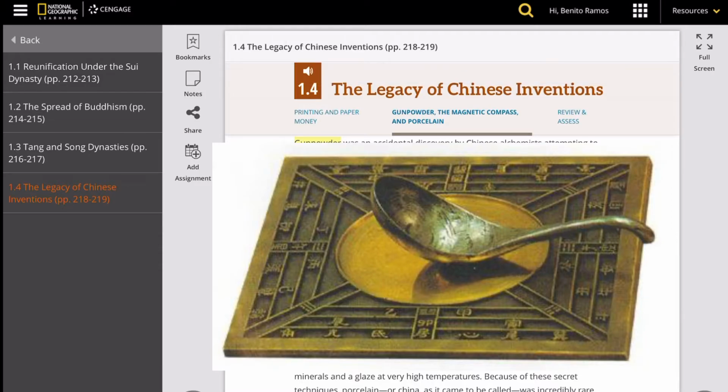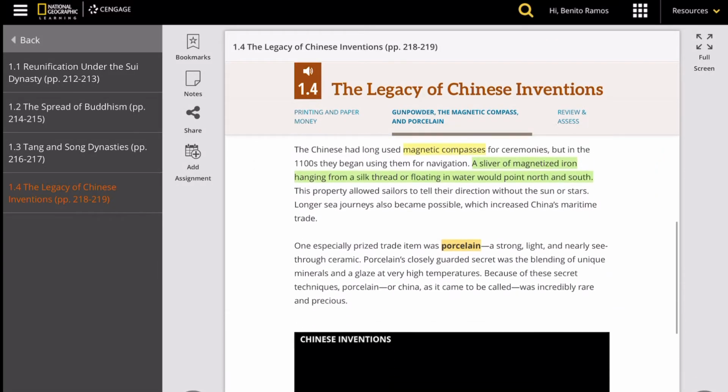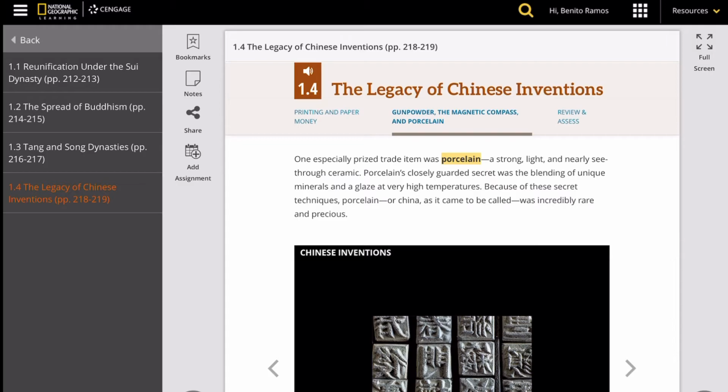Unfortunately, I can't find a picture of what I just described. This property allowed sailors to tell their directions without the sun or the stars. Longer sea journeys also became possible, which increased China's maritime trade, meaning they were able to sell their goods and purchase goods from other places as well.